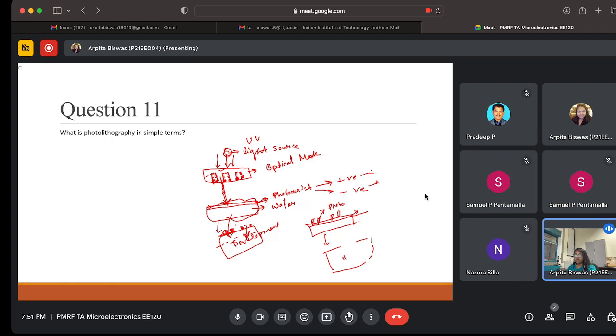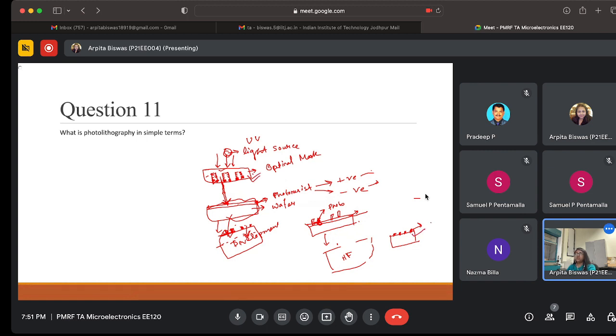So if you etch, this portion will be covered, so it will act as a mask, covering that portion, and the uncovered portion will be etched out. So finally you will get, on this oxide layer, or if you previously deposited gold, that type of shape, that type of pattern on this wafer.